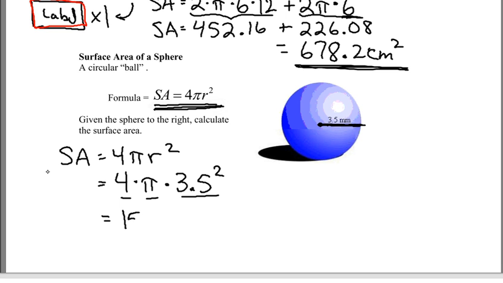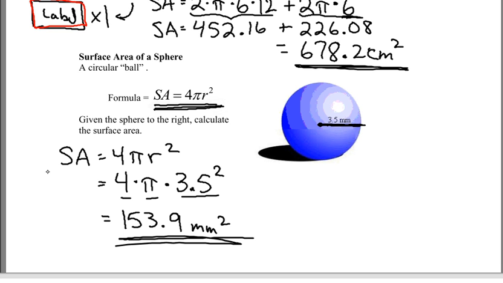The surface area of that sphere is 153.9 millimeters squared. That's the ugliest looking M I've drawn in a while. Millimeters squared.